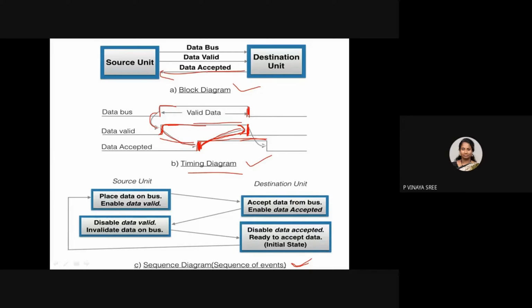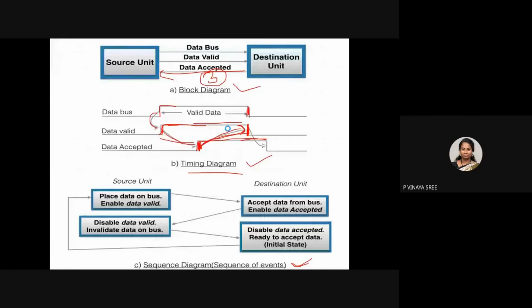The drawback in strobe was that data accepted was missing. Here the source has a clear idea that whatever data it has placed on the data bus has been accepted by the destination unit, because we maintain one more control signal from the destination unit, giving a reply and acknowledgement to the source.